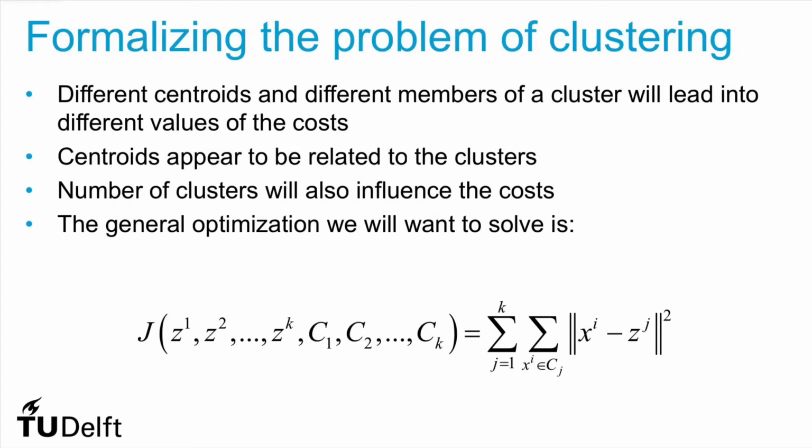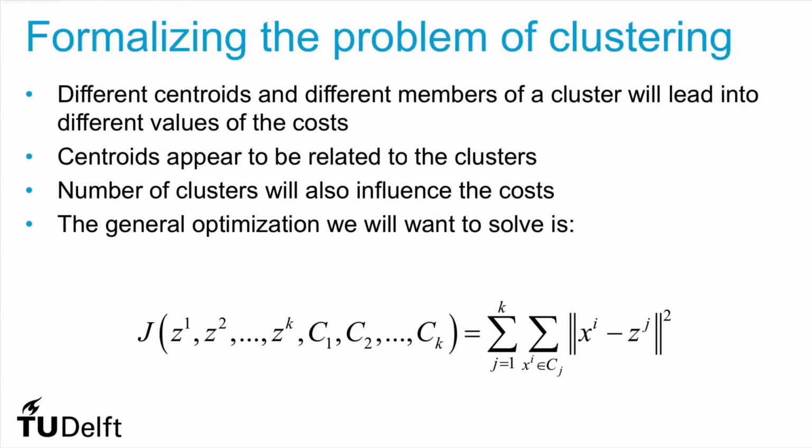The centroids appear to be related to the clusters. We will see later some methods to calculate them. The number of clusters is also something that will certainly influence the cost.